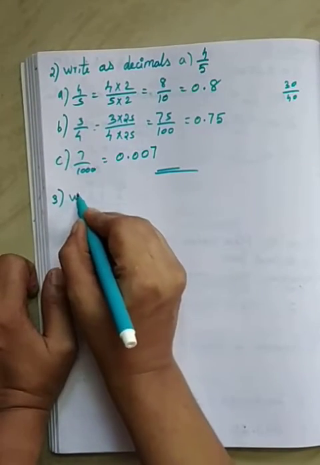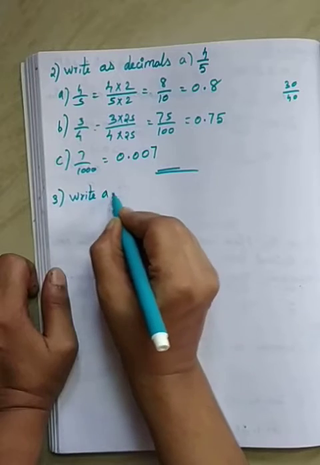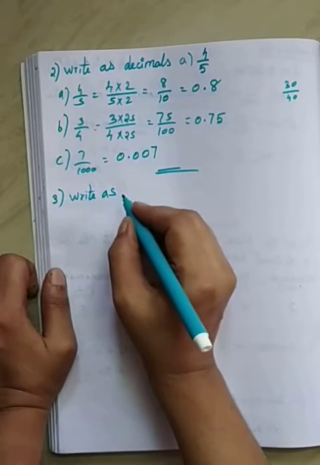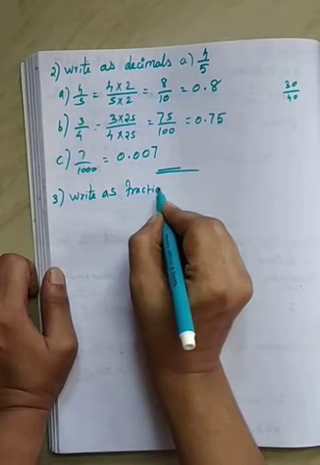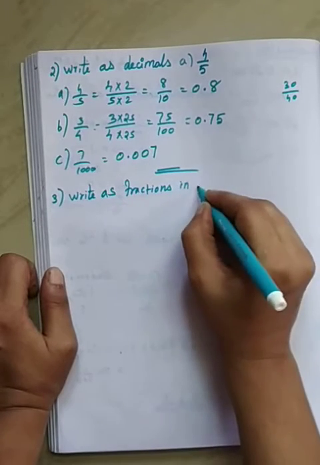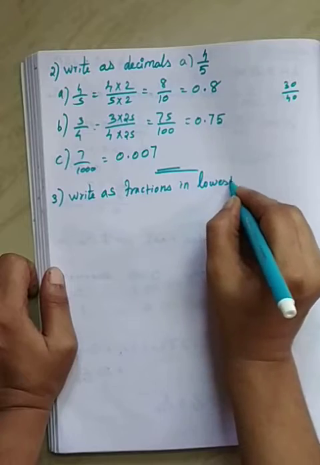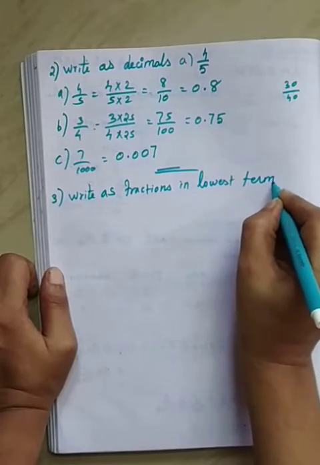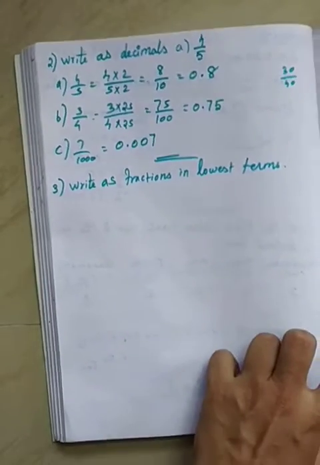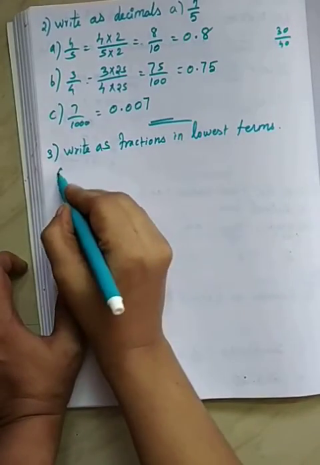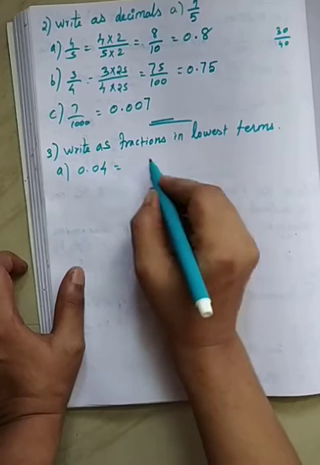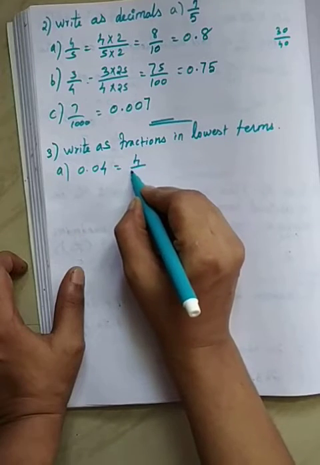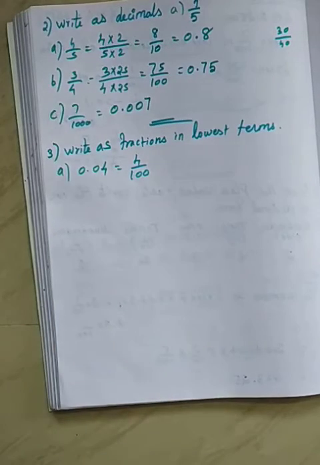Write as fractions in lowest terms. See here, the first problem. 0.04. How can you write 0.04? 4 divided by 100. You will get the fraction.